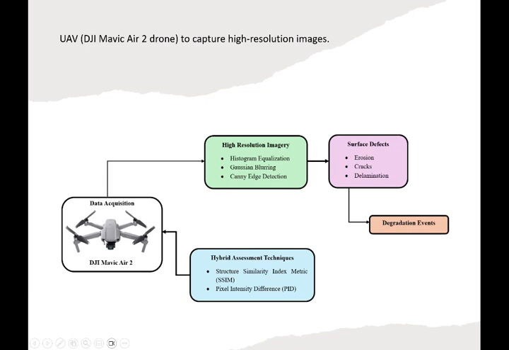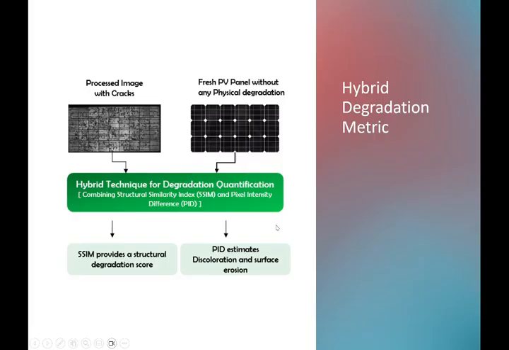The drone will take the images and perform all the image processing operations, and then it will send a signal that at this particular part, this panel is totally damaged, partially damaged, or not working, etc. So this was the idea.